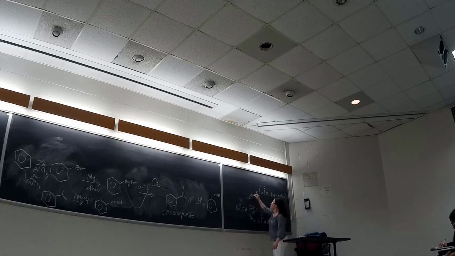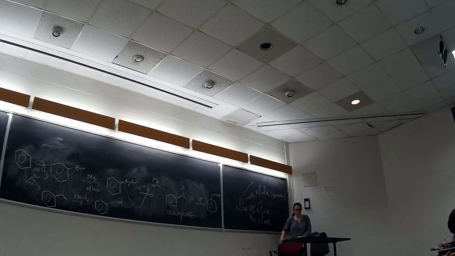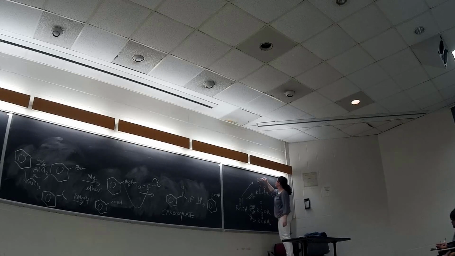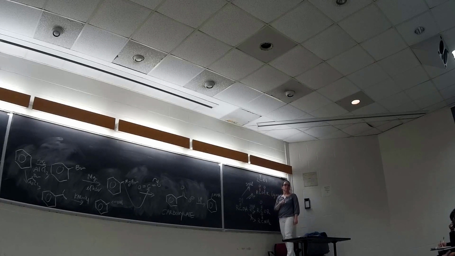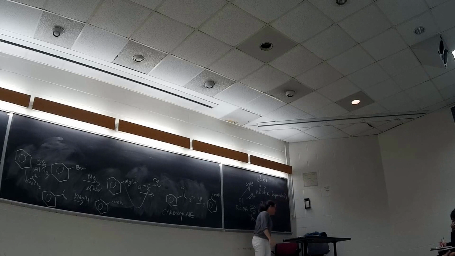And the last reaction that is doable is the reaction to give me acyl chlorides. So acyl chlorides are up here, and this reaction is not reversible and requires thionyl chloride, that's what that says, SOCl2, and purity. So the acyl chlorides are easy to make.